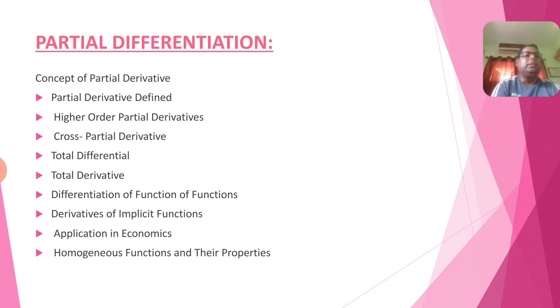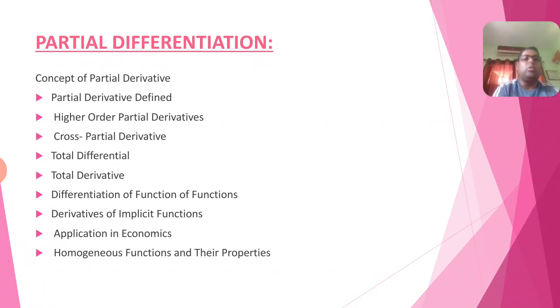And unit 3 is related with partial differentiation, that is the partial derivative and higher order partial derivative, cross partial derivative, total differential, total derivative, differentiation of functions, derivative of implicit functions, application in economics of differentiations, and the last one, the homogeneous functions and their properties.